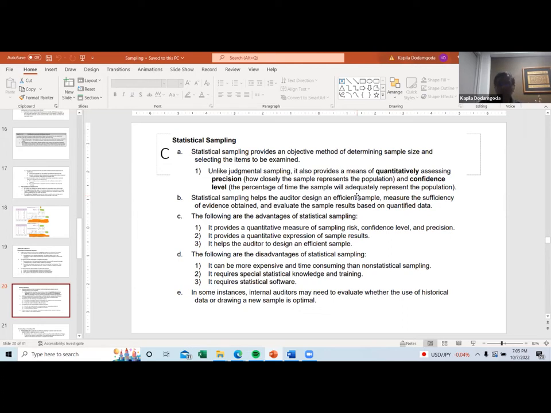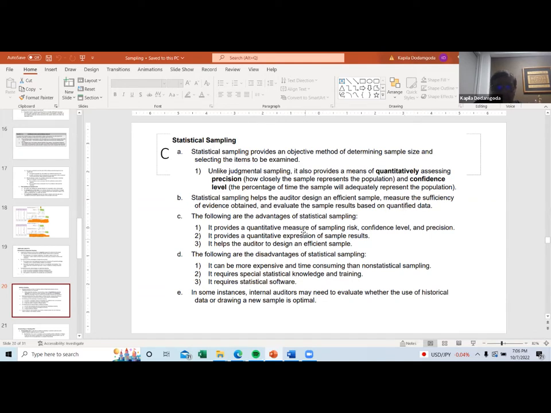But if, depending on the method you use, you are supposed to include a large percentage of the population in the sample to be representative, we say it is not an efficient sample. So you should have an idea of what you mean by an efficient sample. And it measures the sufficiency of the evidence obtained, so you indicate this based on an acceptable level of evidence. At the same time, you evaluate the sample based on quantified data. It is always based on quantified data.